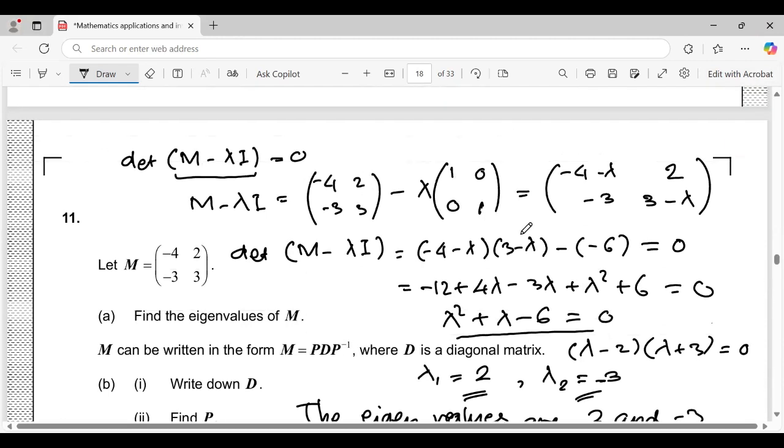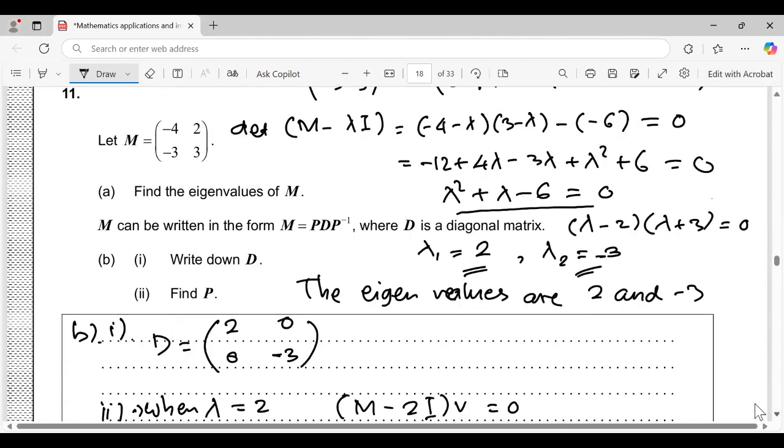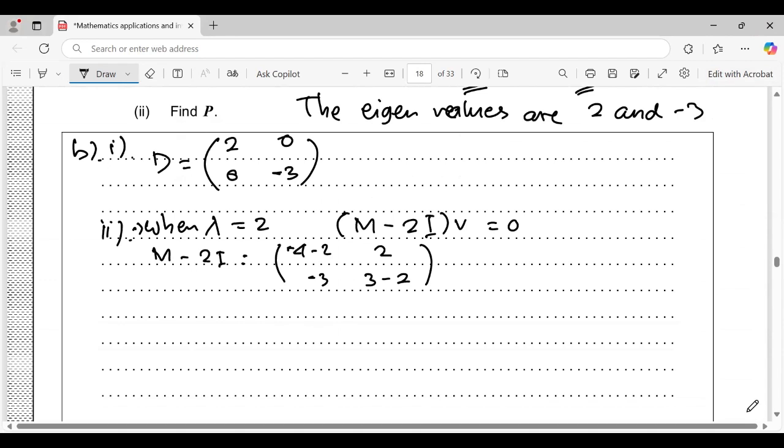If this is 2 and this is 2 and this is minus 3, okay, so it becomes the matrix times phi 1, phi 2 equals 0. Based on this equation, I'm writing it like this.